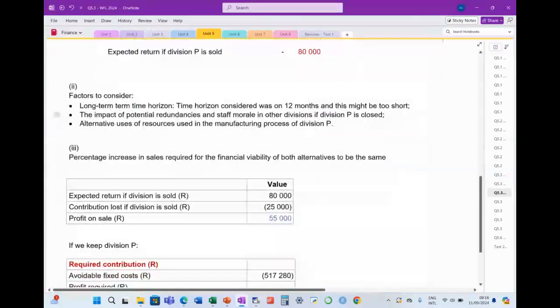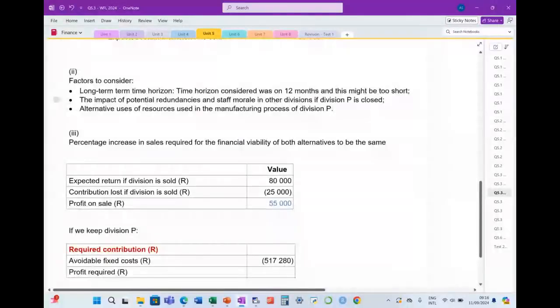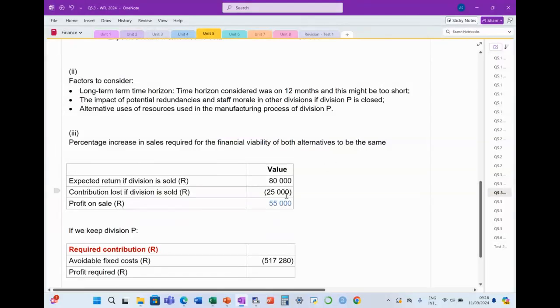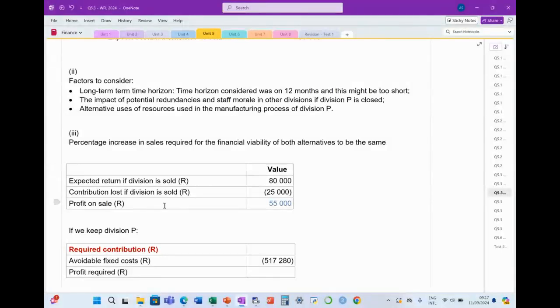Okay, so then the third part, they're now asking for the percentage increase in sales required for both options to be the same, for us to be indifferent about selling or keeping. What we already know is that the expected return if we sold is going to be 80,000, but we're going to lose out on the sales from other divisions as a result of selling P, probably in relation to products that division P produces.